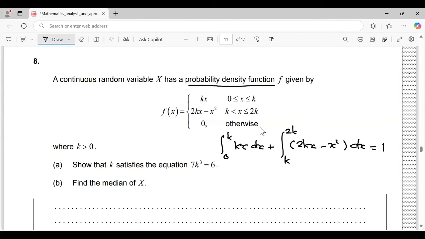Finding the integrals, the integral of kx from 0 to k is half kx squared, plus the integral from k to 2k, where the antiderivative is kx squared minus 1 over 3 x cubed, equals 1.